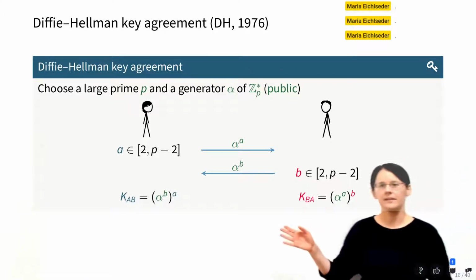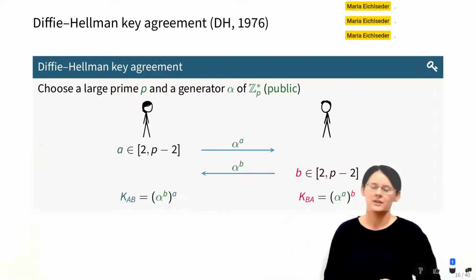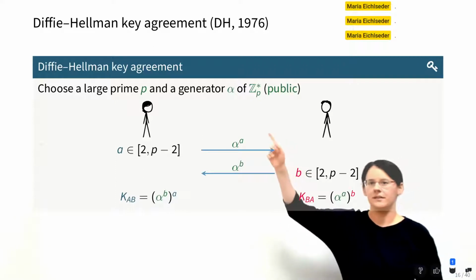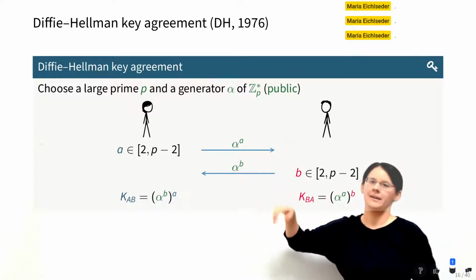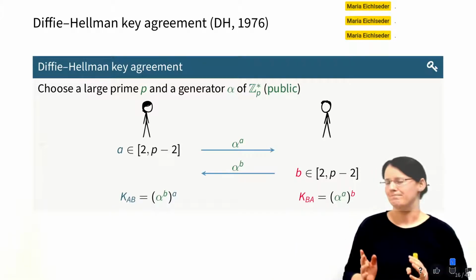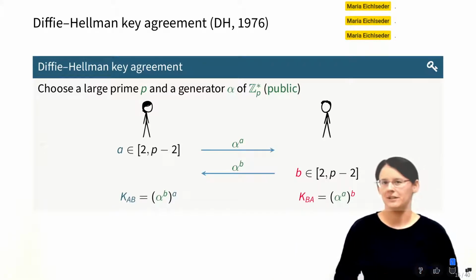Actually, while this algorithm can be attacked by computing the discrete logarithm, there is a more specific problem, which might theoretically be a bit easier, that we need to solve.